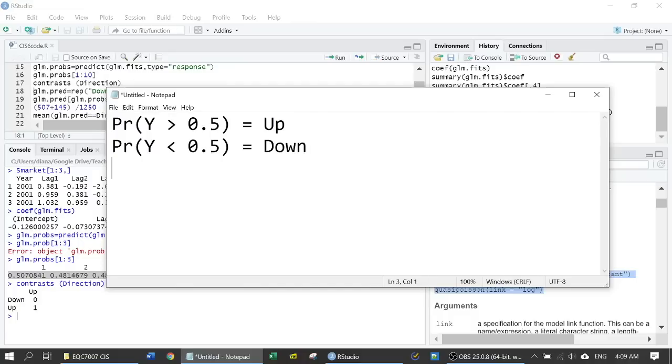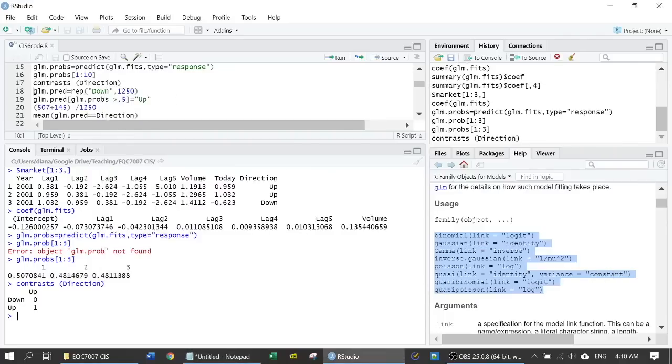First, we want to create a new variable, and this new variable name is glm.pred. We want glm.pred to be up if the predicted probability is larger than 0.5, and down if the probability is less than 0.5. So for the first observation, we want to classify it as up.